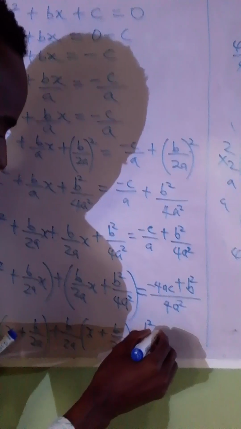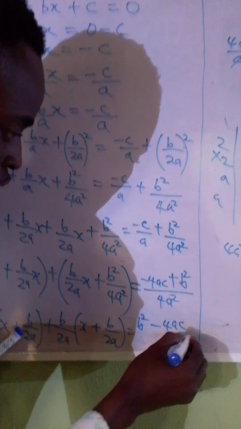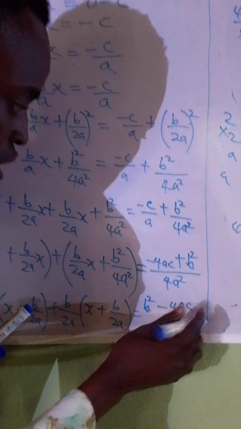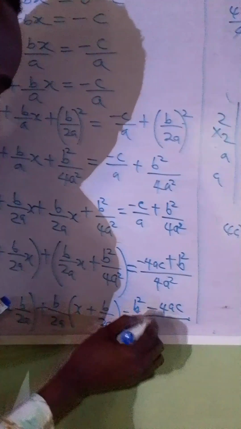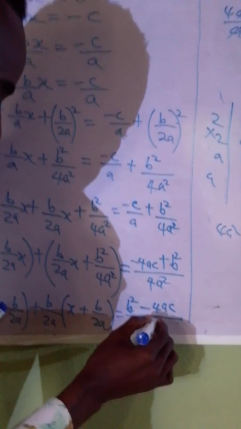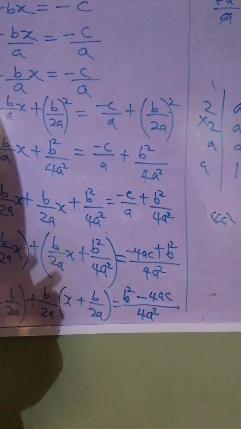So it's still the same thing. So we have b squared minus 4ac divided by 4a squared. Alright, so let's go over here and continue.